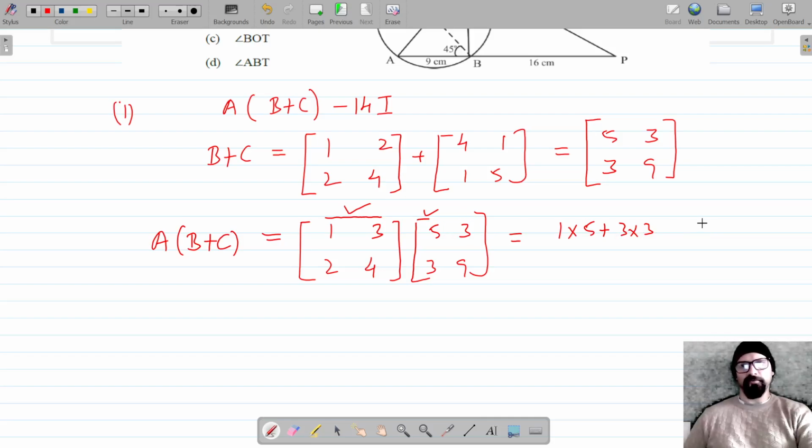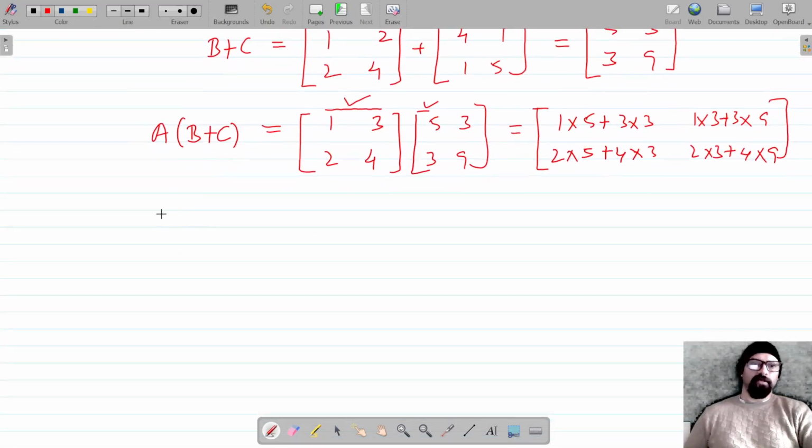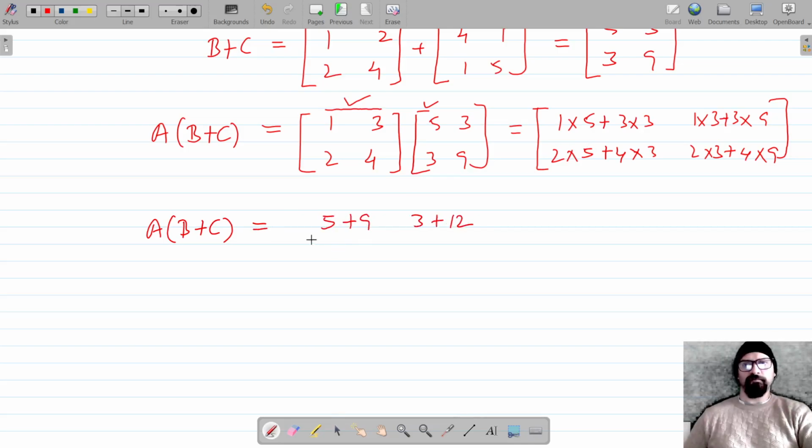First row and second column: 1 into 3 plus 3 into 9. The second one is 2 into 5 plus 4 into 3. The third one is 2 into 3 plus 4 into 9. So A into B plus C is equal to 5 plus 9, 3 plus 12, 10 plus 12, and 6 plus 36.